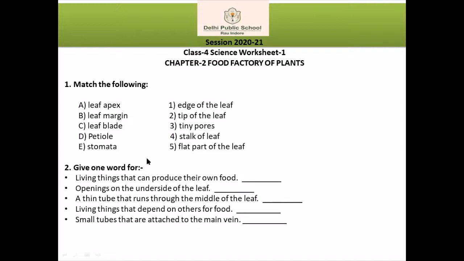Now we come to our second question, that is give one word for the following. Living things that can produce their own food are known as autotrophs. Openings on the underside of the leaf are known as stomata.